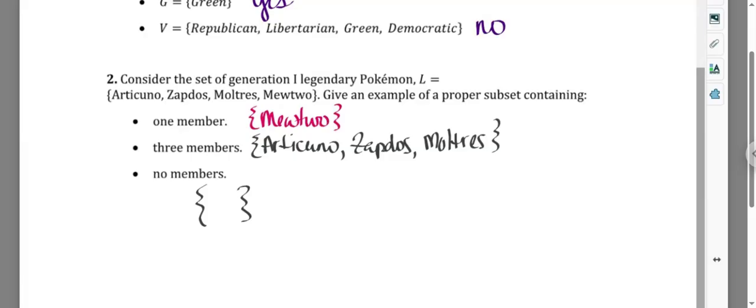Questions on something being a subset versus a proper subset?